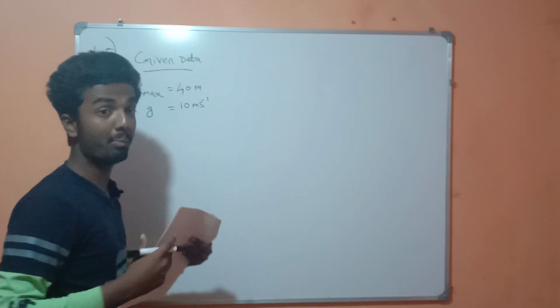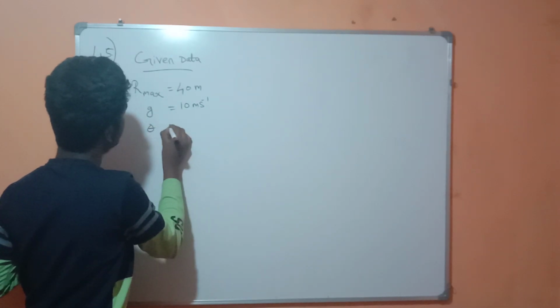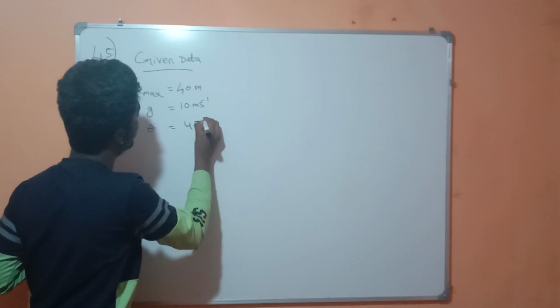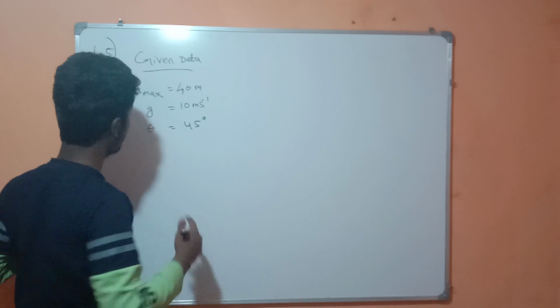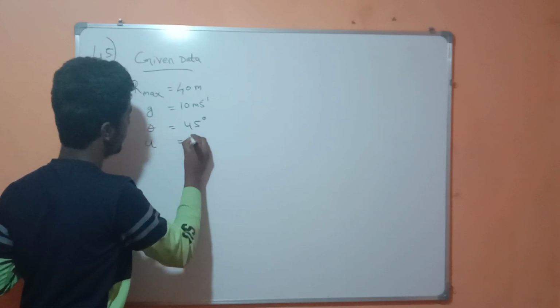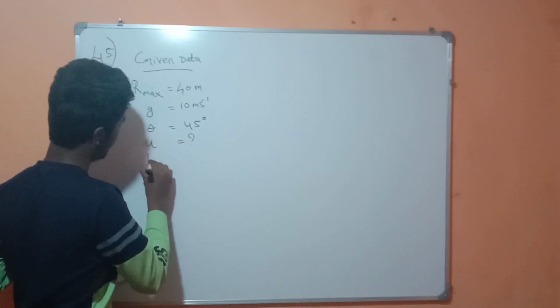For maximum range, the angle of projection will be 45 degrees, we all know that, so theta is equal to 45 degrees. And what we have to find? Initial velocity, denoted by U, and the height of the projectile, H.